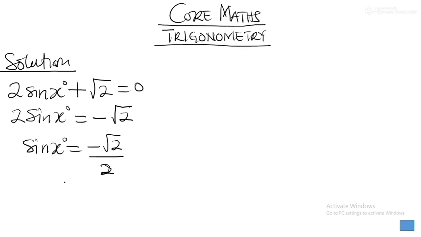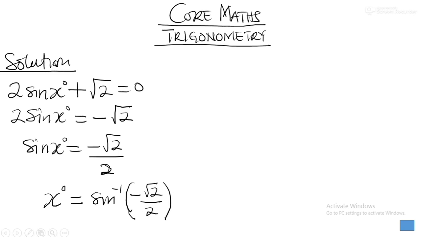I hope you are following. Good. So now we want the value of x. So x degrees will be equal to sine inverse of negative √2 on 2.